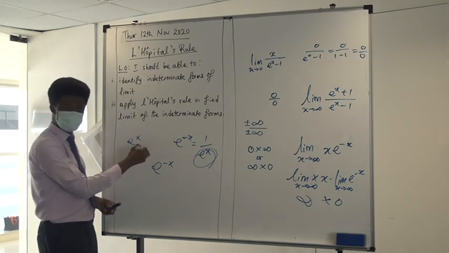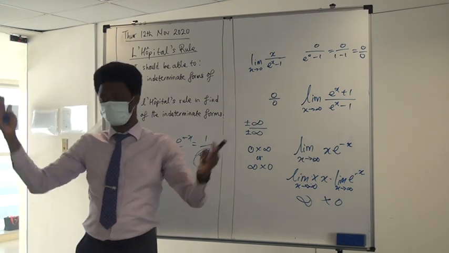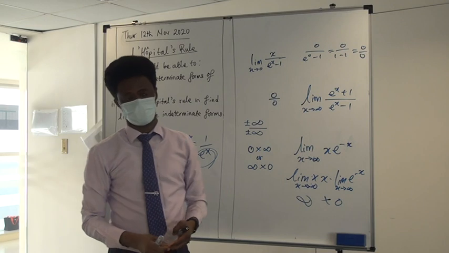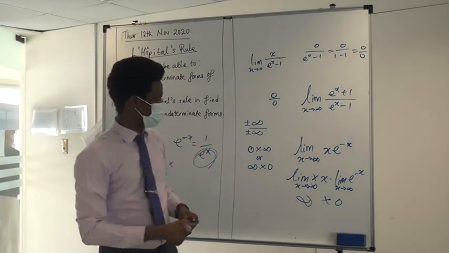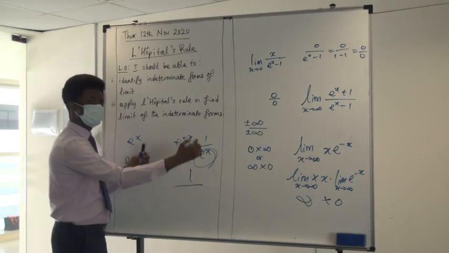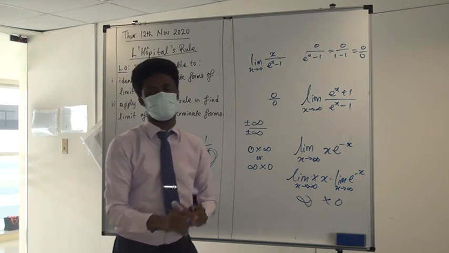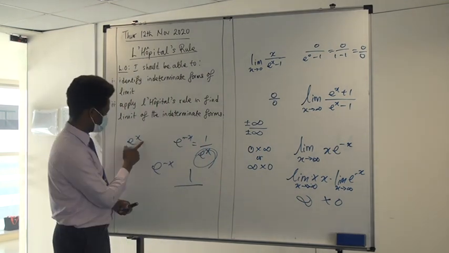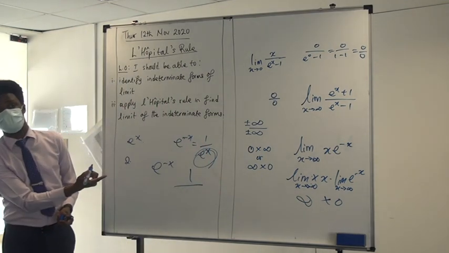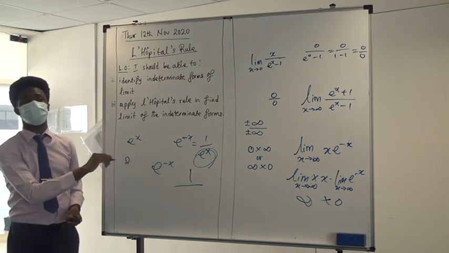So if you continue to increase the power of a number greater than 1, it continues to explode, it diverges. But if you have the reciprocal, your denominator continues to be big, the whole fraction continues to be smaller and smaller and becomes 0. The reverse is the case.